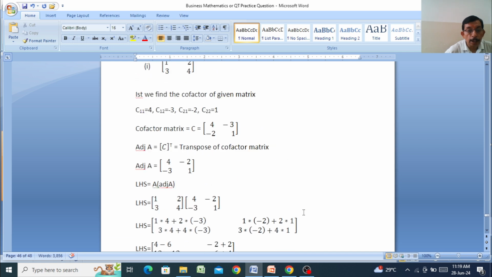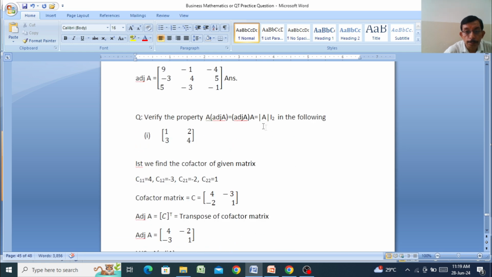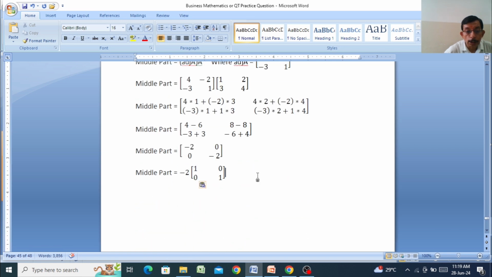Now we calculate the right hand side value, the third part. RHS is equal to determinant of A times something.